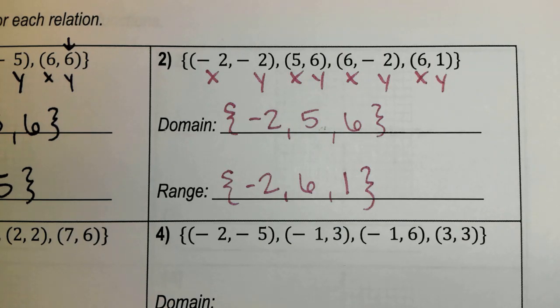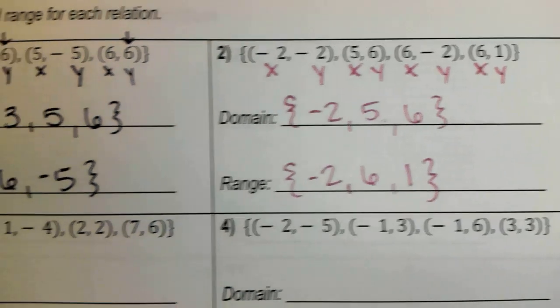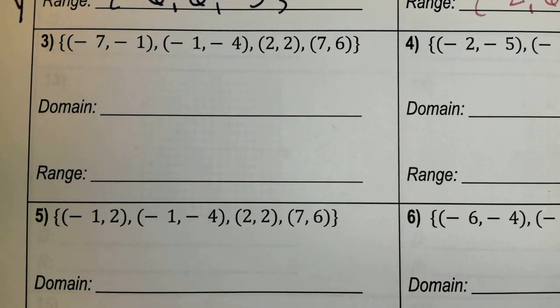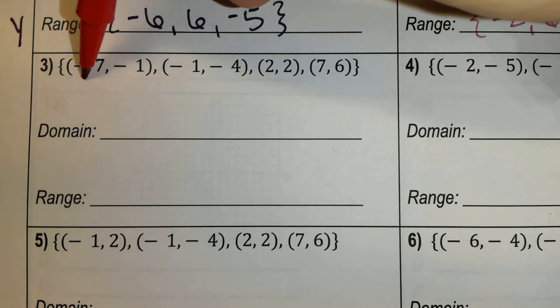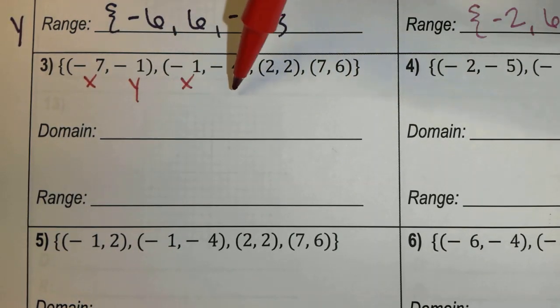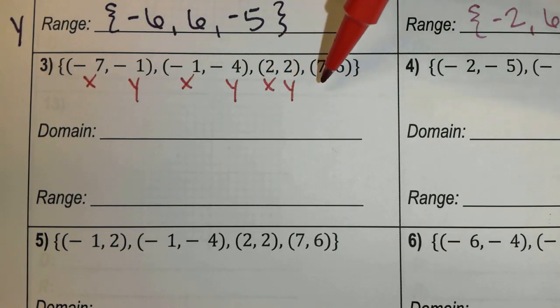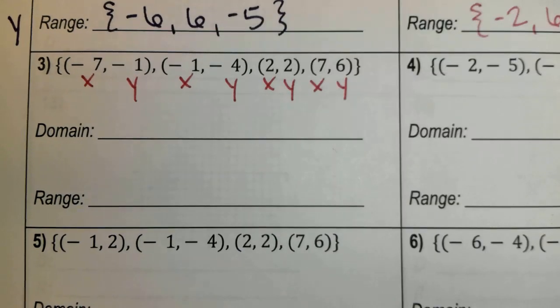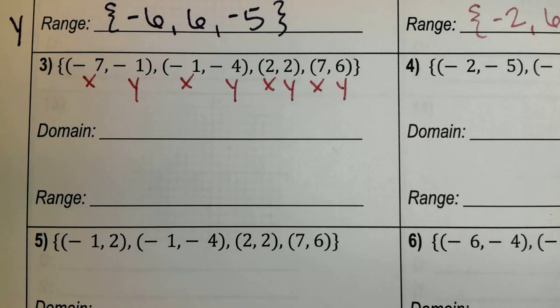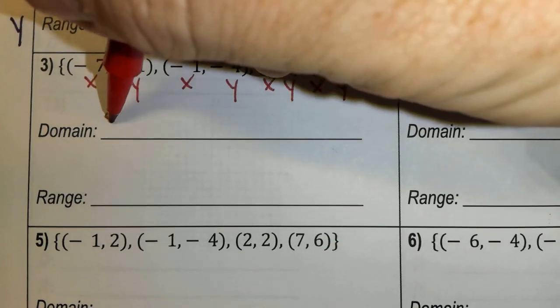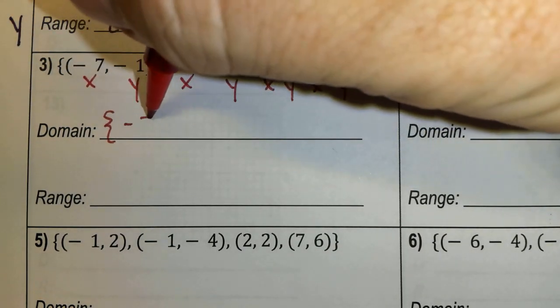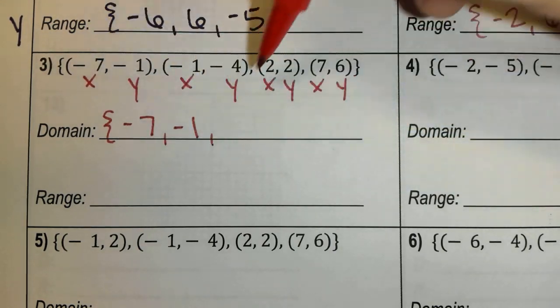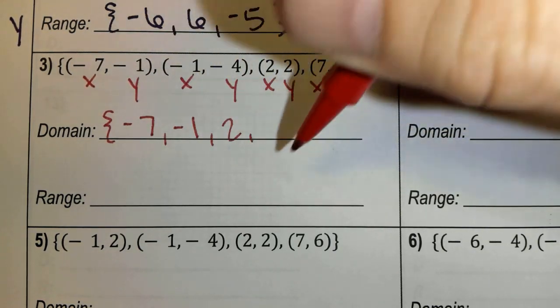So see, these are not too bad. I would say this is probably the easiest part. Okay, 3. I'm just going to keep doing the same thing. X, Y, X, Y, X, Y, X, Y. Domain is X, range is Y. Okay, bracket. None of those repeat, so I have -7, -1, 2, and 7.